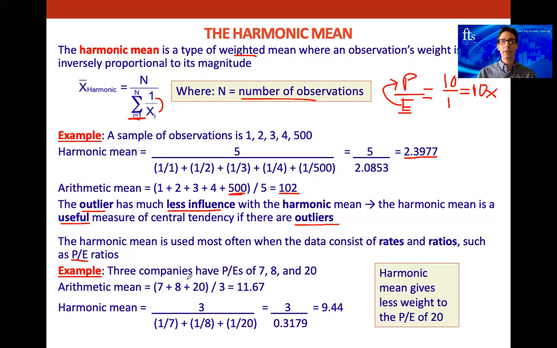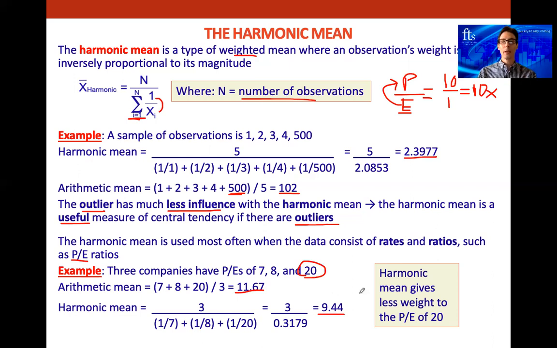So we've got 3 companies, and these are their respective PE ratios. So if we work out the arithmetic mean, we see it's 11.67. But if we do the harmonic mean, we see that it comes out at 9.44. So we see that the harmonic mean is not so affected by this big PE ratio of 20.